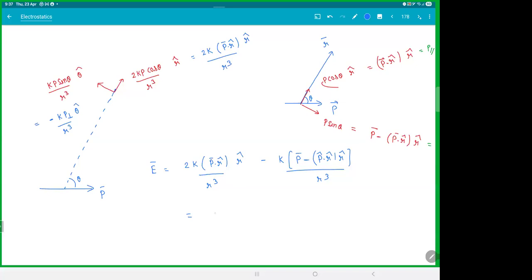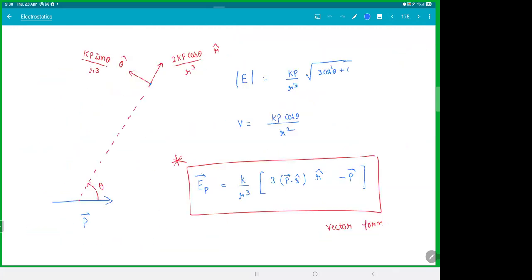Arrange the terms, you will end up with k by r cube times 3 p bar dot r cap into r cap minus p bar. That's your vector form.